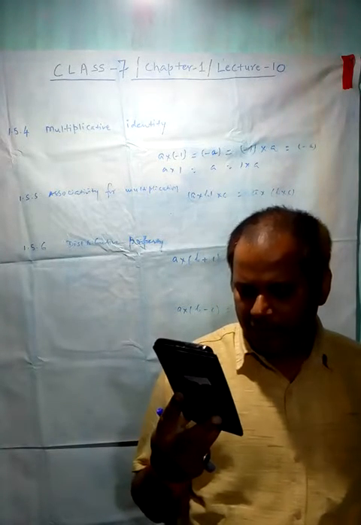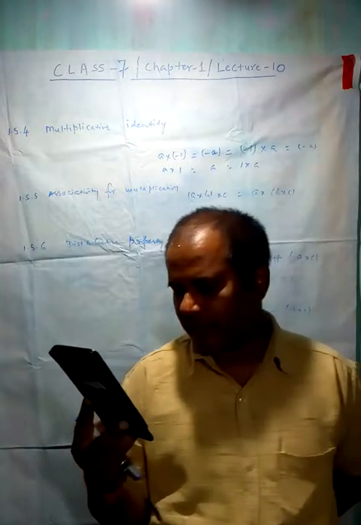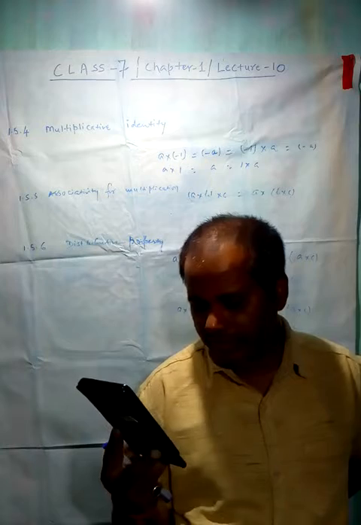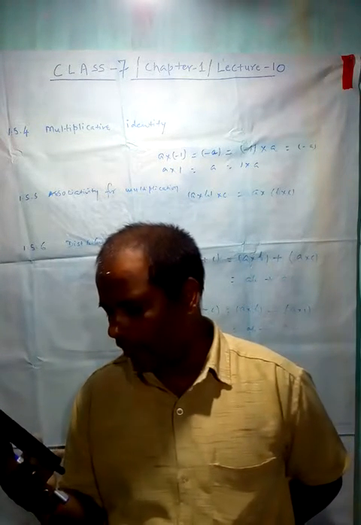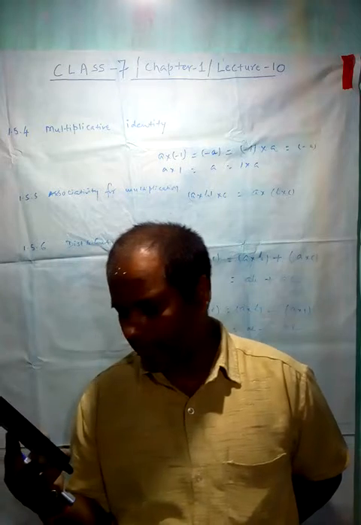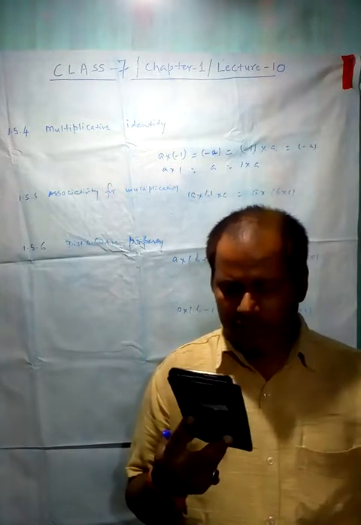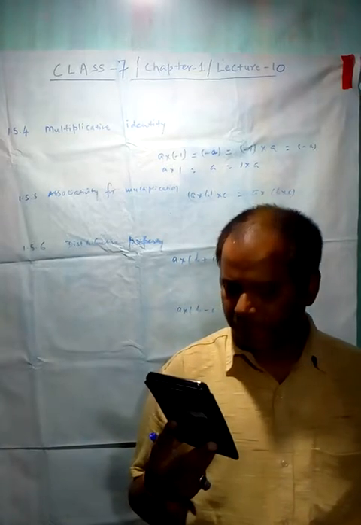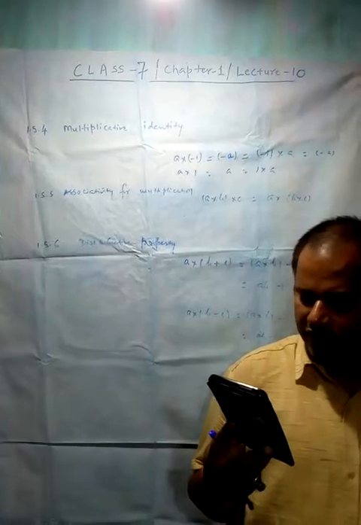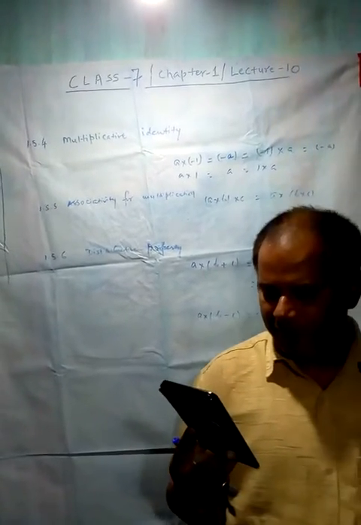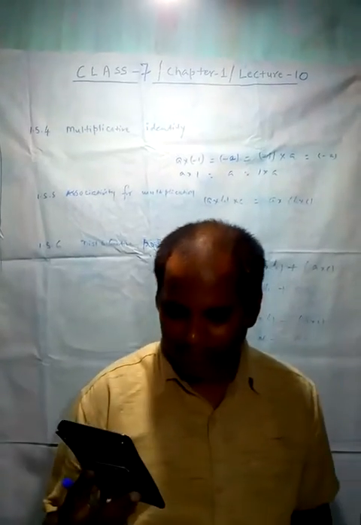Minus 4 into the bracket minus 2 plus 7 is equal to minus 4 into 5, which is minus 20, and minus 4 into minus 2 plus minus 4 into 7 is also minus 20. So both are equal. Can we say that distributivity of multiplication over addition is true for integers also?